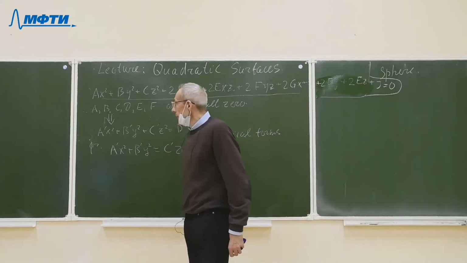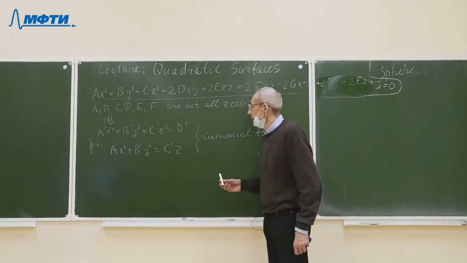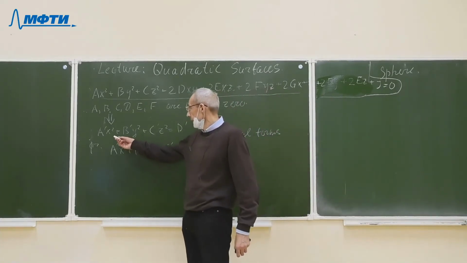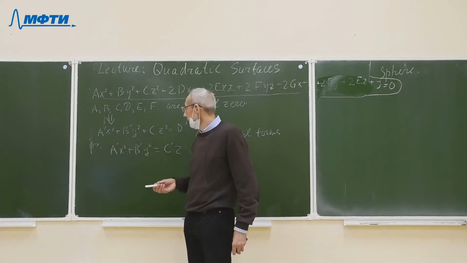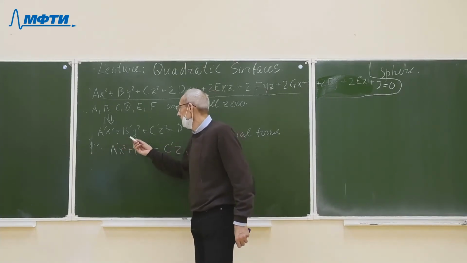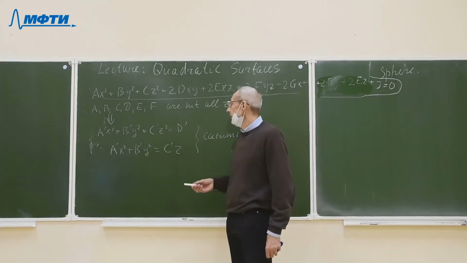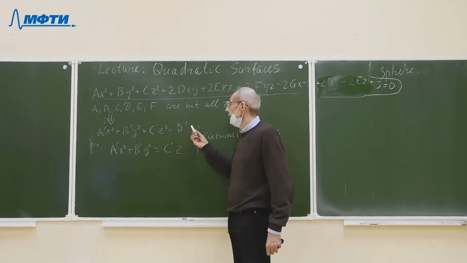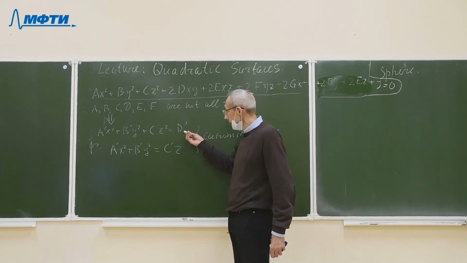This general equation can be reduced to one of the canonical forms. One of them is a prime times x squared plus b prime times y squared plus c prime times z squared is equal to some constant d prime.